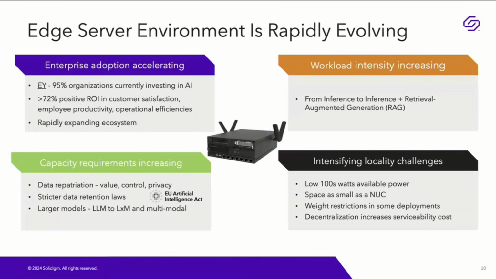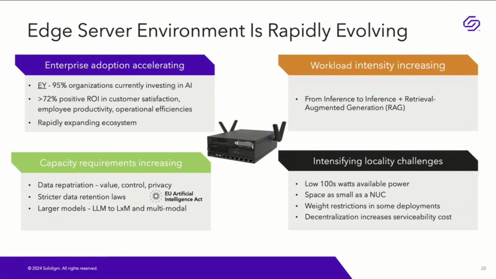So in the edge server environment, there's a lot of activity and a lot of change going on. It's self-evident, but I'm going to say it anyway: you can't just apply the same principles that make something a good idea in the core data center at the edge. It's a very different set of considerations. What we're observing as Solidigm is the rapid growth of this stuff.